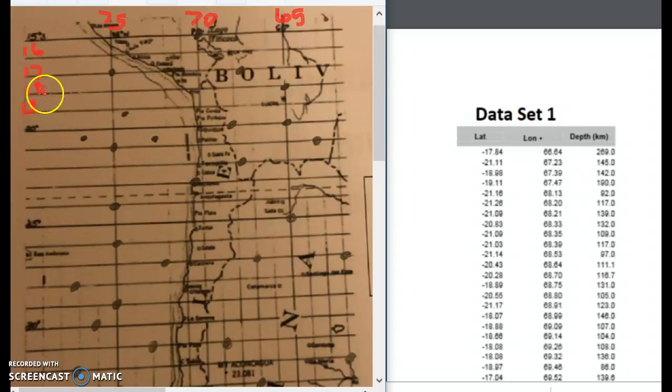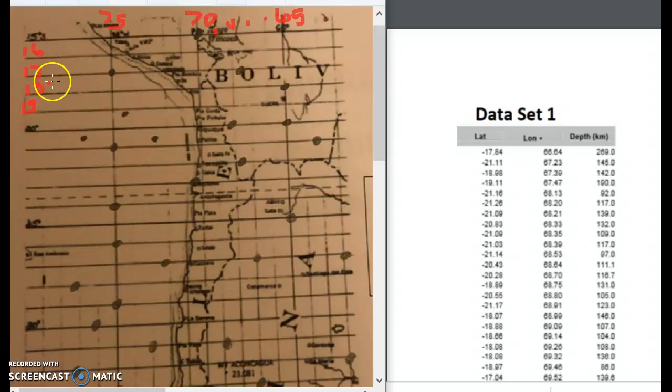And so I put in the smaller numbers in here as well, so you can see that each line is worth 1. On this first data point, if it's negative 17.84, then it's almost to negative 18. This is 18 south, and we know that because this is 15 degrees south on here. So we would come to 18, and then we're coming across to 66.6. Once again, these lines are also 1. If this is 65, then this is 66 right here, then 67, 68, 69 is right in there, and then we have 70.